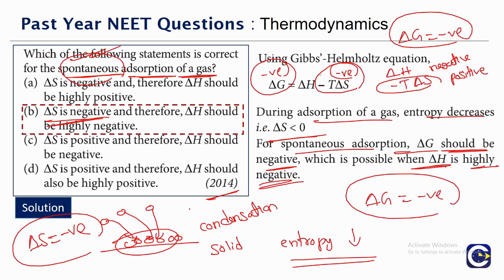So the correct answer is option B. In questions like these, which are theoretical analysis type questions, you will see that sometimes they link thermodynamics with surface chemistry, electrochemistry, or equilibrium.